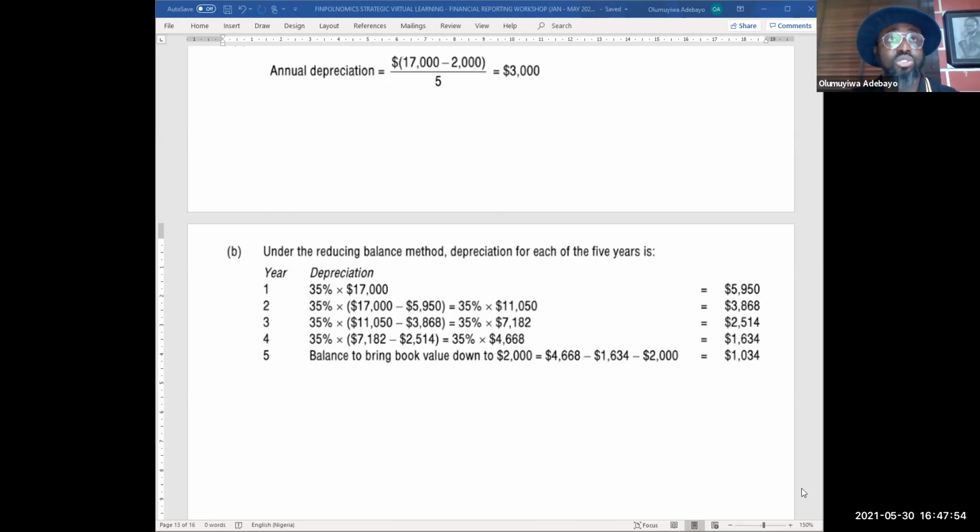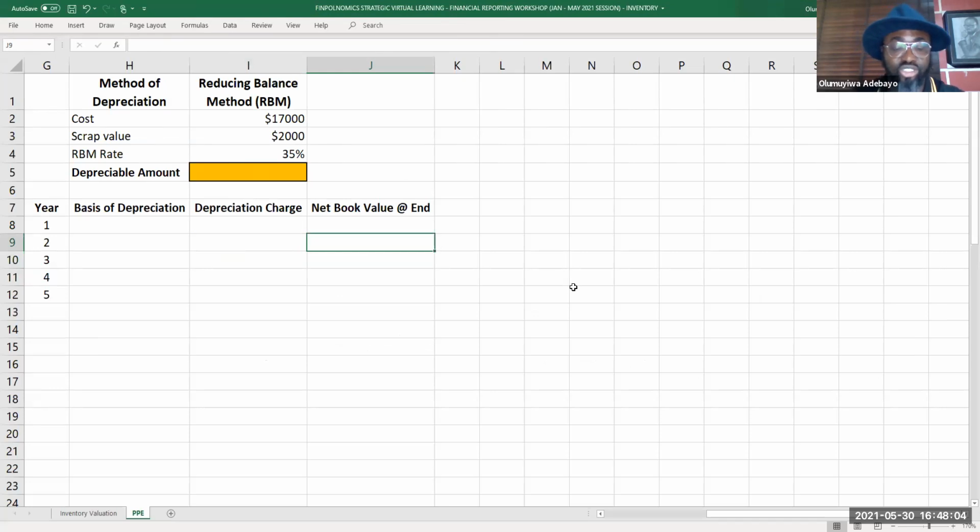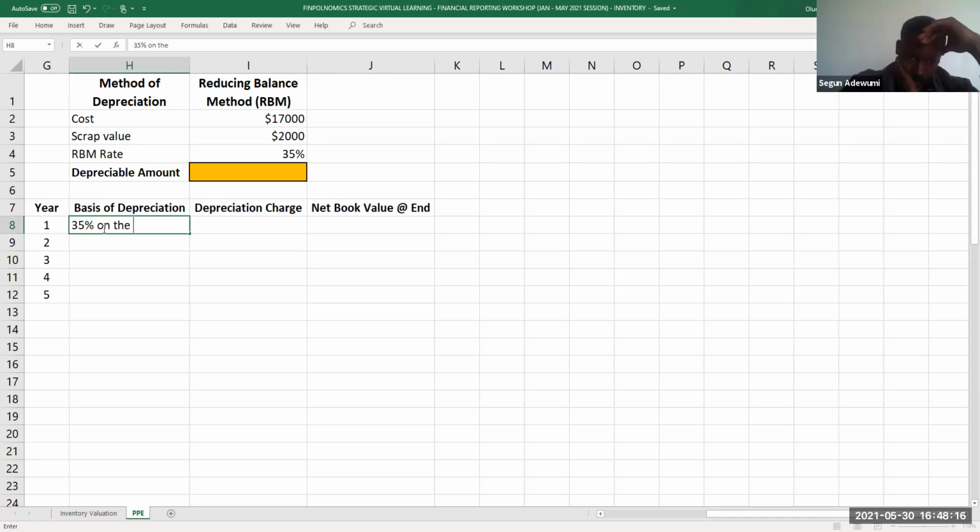Now, let me share this with us. Now, let us use this to further buttress what we've done. In the first year, the basis will be 35% on the initial cost.